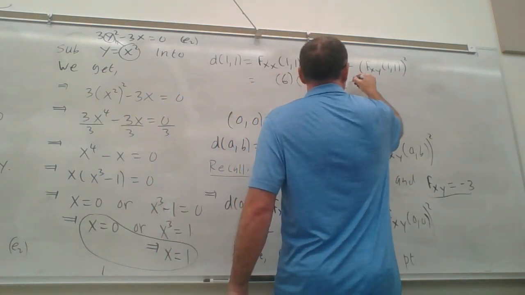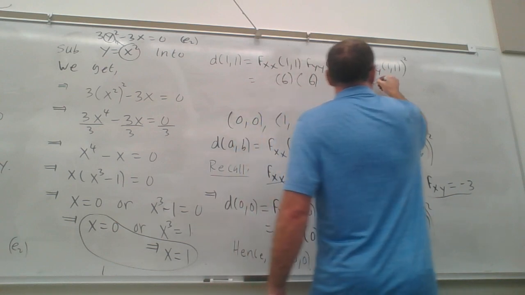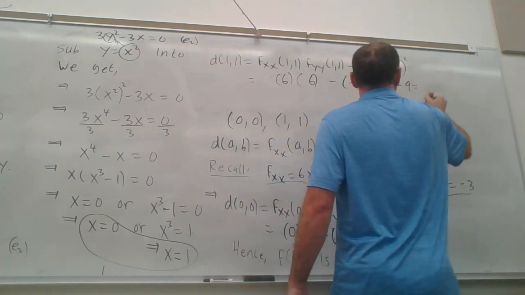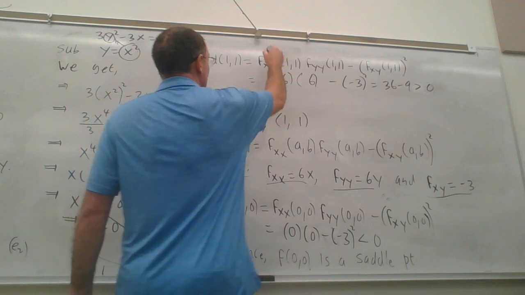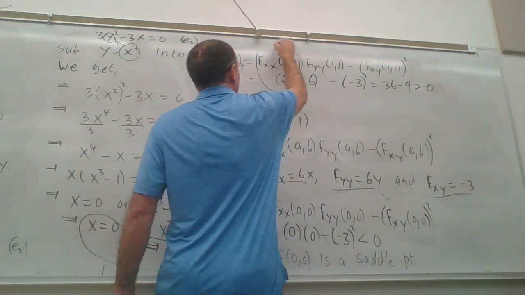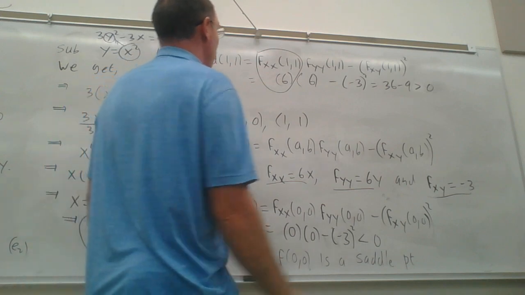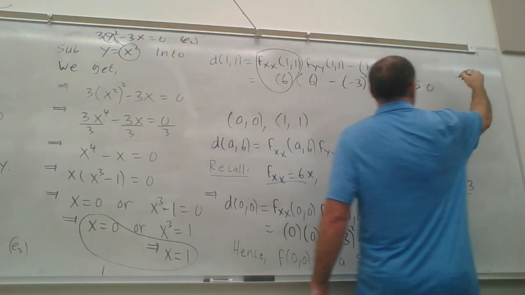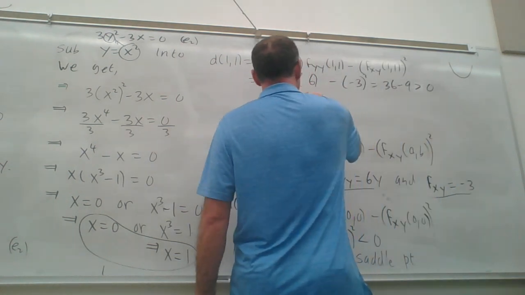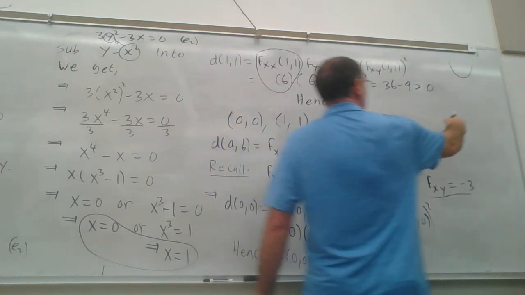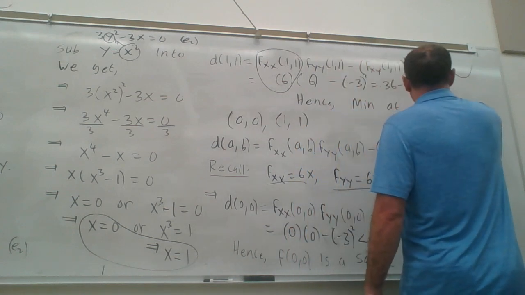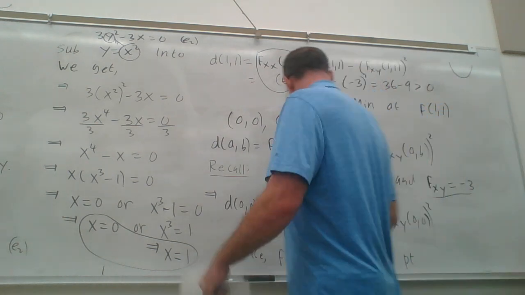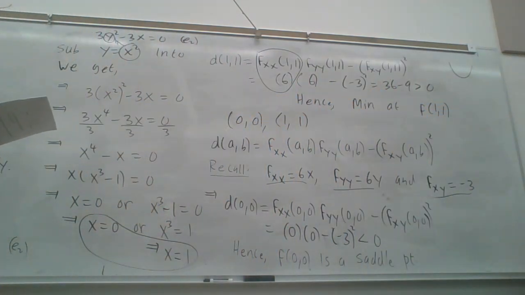And this would be minus 3 squared. So 36 minus 9, which is positive, that's all you care about. And also f double x is positive. So it means it's concave up. So hence, I'll be a minimum at f of 1, 1. Okay, so we're done.